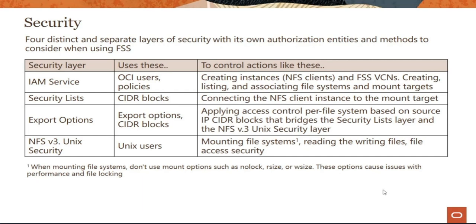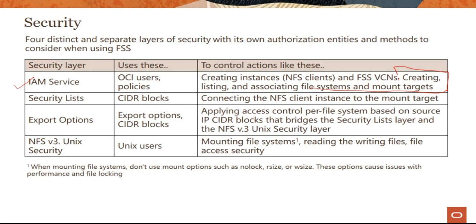Starting with the IAM service, and again, every service in OCI, you could leverage the identity and access management service to control actions like who can create client instances, who can create the VCN, and even who can create, list, and associate file systems and mount targets.